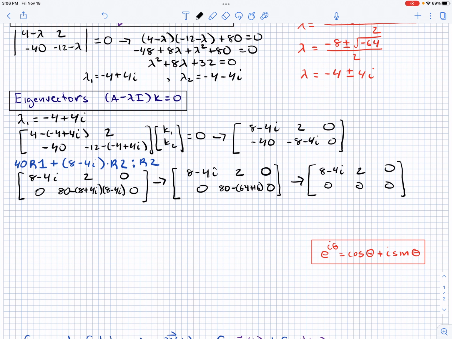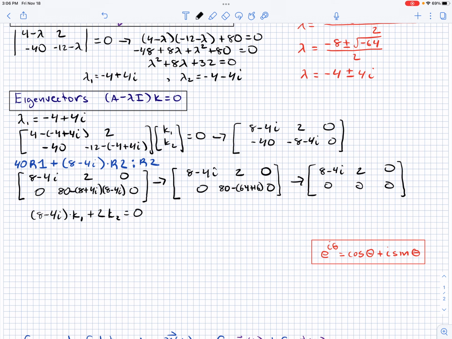Next, we can write it in its component form. So I'm going to write it as 8 minus 4i times k sub 1 plus 2 k sub 2 being equal to 0.